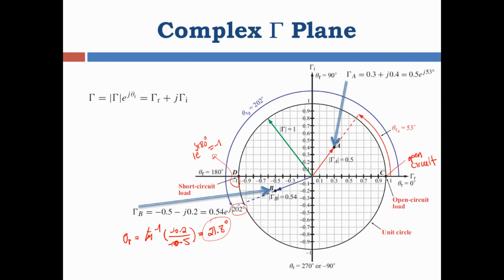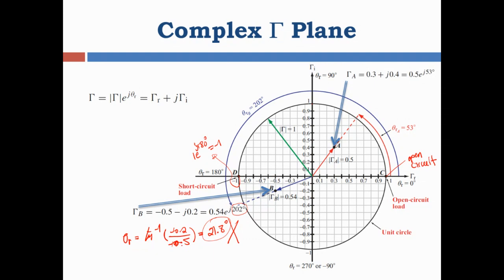Now, how you take care of this ambiguity, which means you go from 21.8 to 202, and 21.8 is wrong, even though your calculator is giving it to you, but the calculator cannot take into account the ambiguity of tan. So accordingly, you put it in your calculator, you get 21.8 degrees.